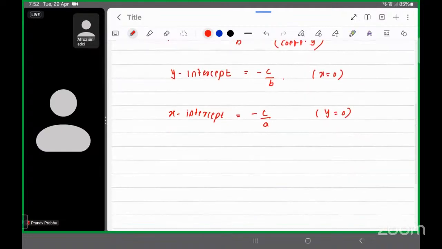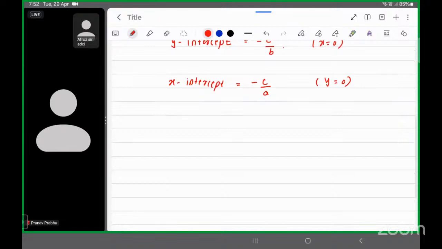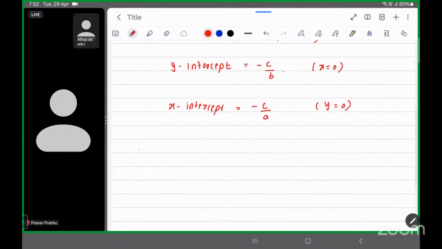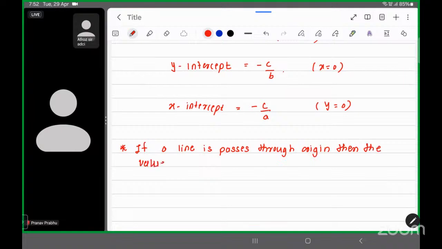Now, moving further, remember one thing: if a line passes through the origin, then the value of c is 0.